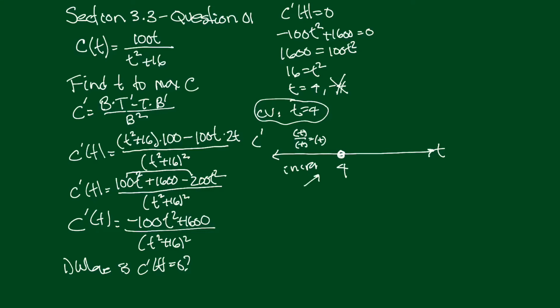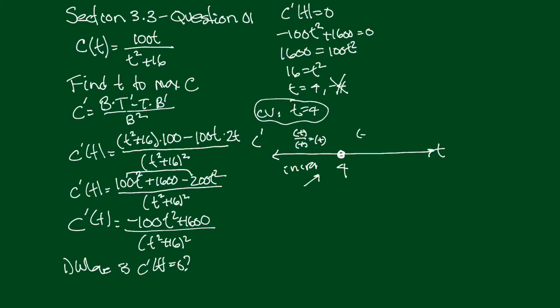It's going up. Now, what happens to the right of 4? To the right of 4, pick a number like 5. Okay, I'll pick 5. So if I put 5 in here, I'll get 25. This will be negative 2500 plus 1600, right? 5 squared is 25, negative 2500, and then add 1600, it's still negative.